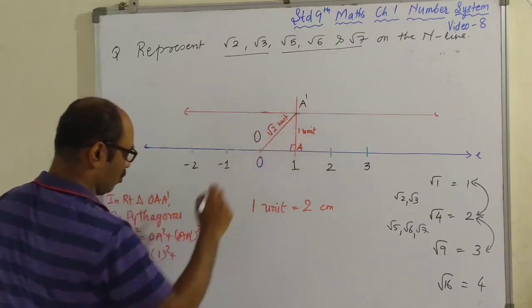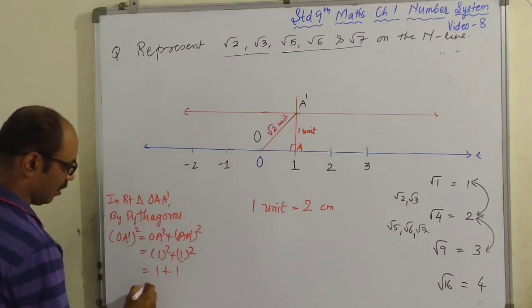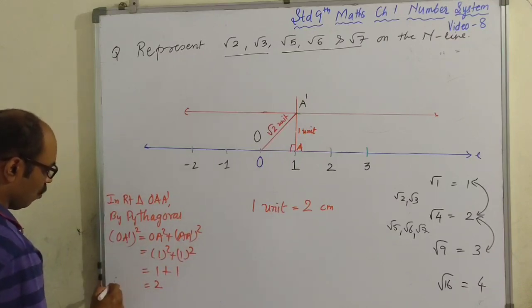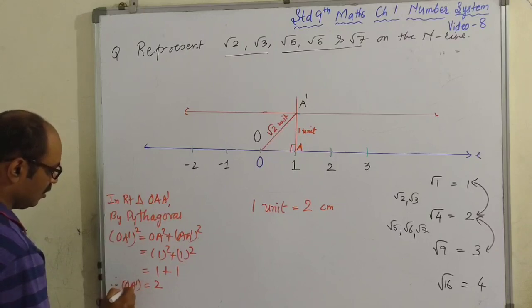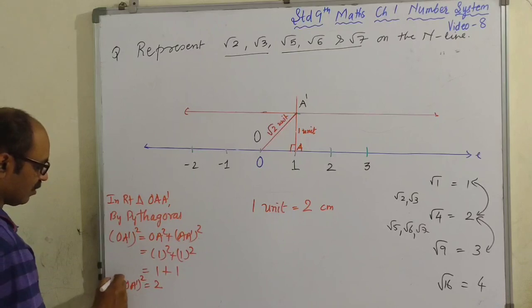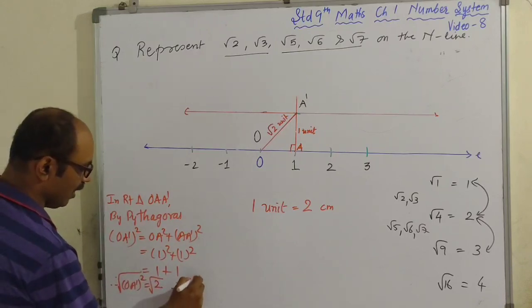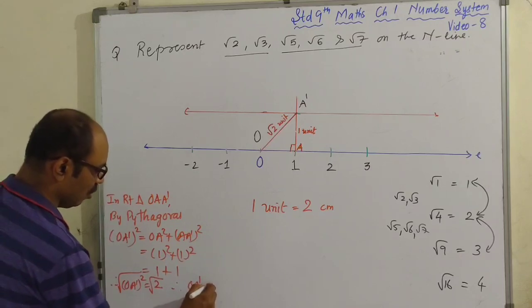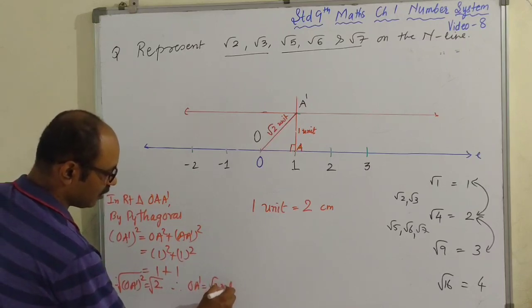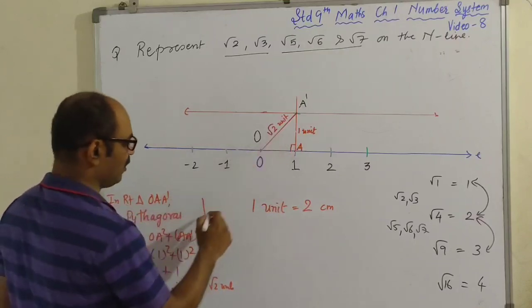AA dash is also 1 unit, so 1 square. 1 square is 1, 1 square is 1. So that is 2. OA dash square is 2. So taking square root on both sides, what are you getting? Therefore, OA dash is equal to root 2 units. Got it? Children, this is for the first triangle.